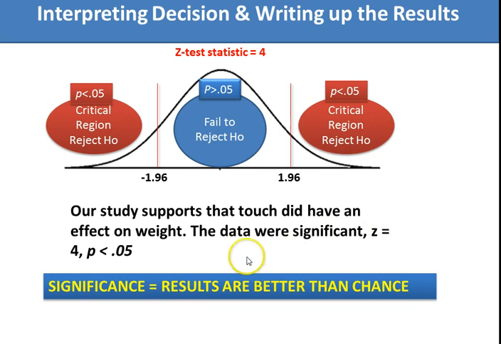So in writing up our statistical statement, we would write z equals 4, probability less than 0.05, to indicate that this outcome is a probability that is less than our alpha, therefore a low probability, a critical region probability, and that we had rejected the null hypothesis.